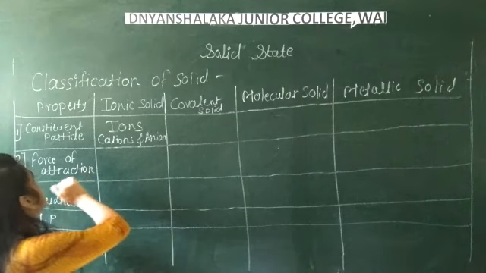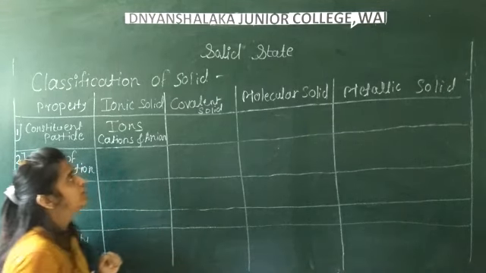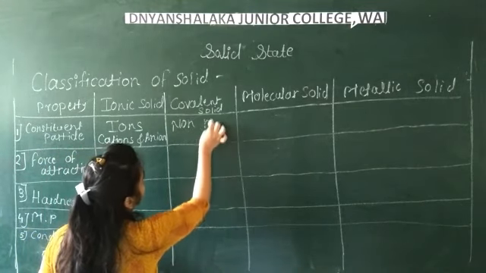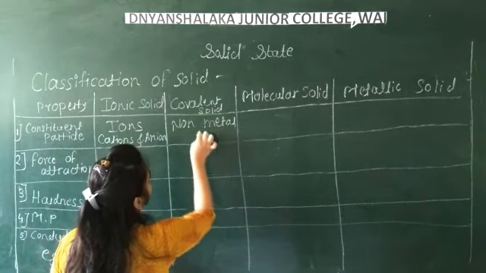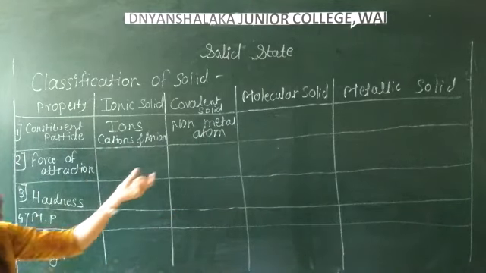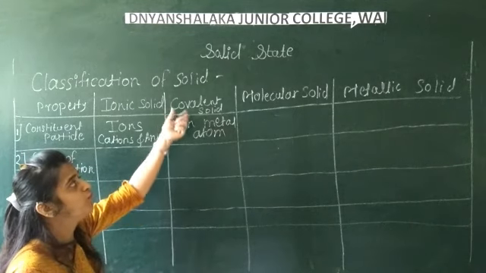Next, the constituent particles in covalent solid are non-metal atoms. So between two non-metal atoms, a covalent solid is formed.